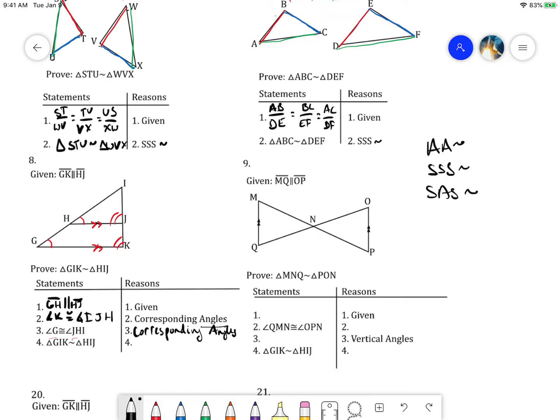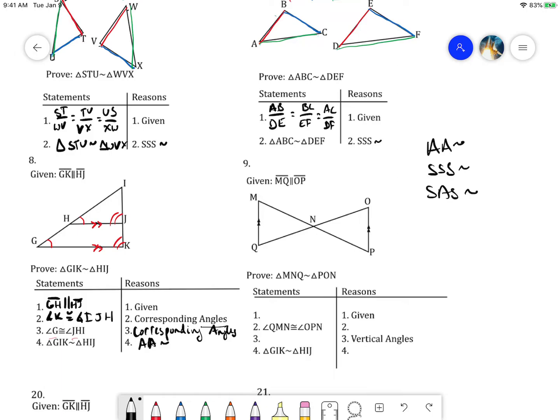Yeah. Angle-angle similarity. Exactly. And the reason why is because the only thing that we proved in here as far as congruent or proportional is all we did was prove that two sets of angles are congruent. That's really all we did so far. Okay.